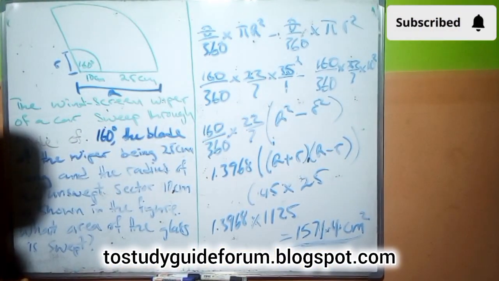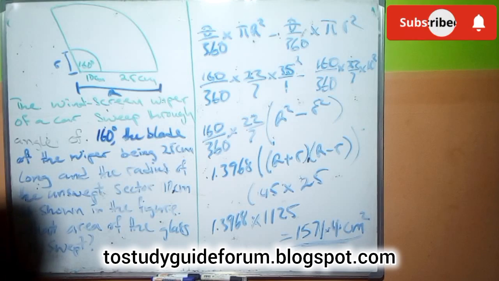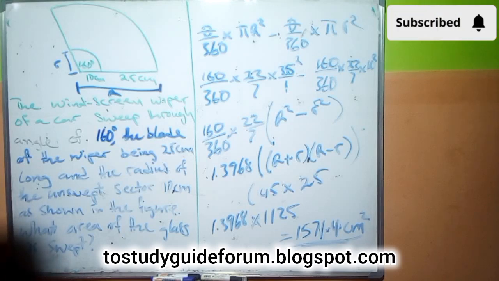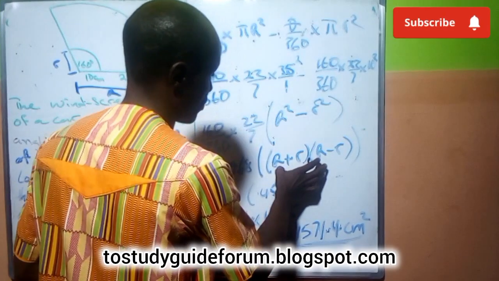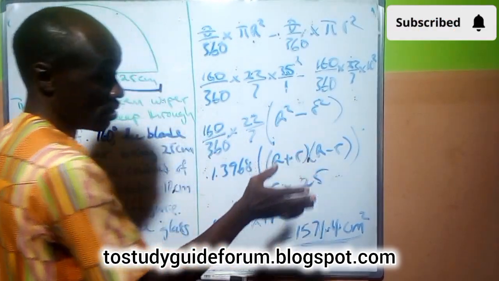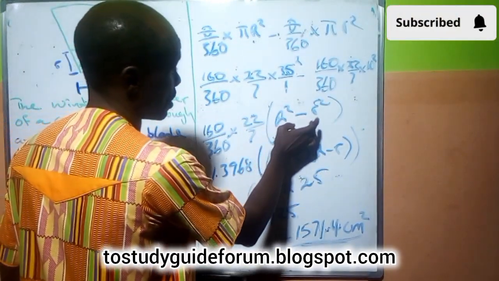So you can see how easy the calculation is. Perhaps if you have any question, you can always leave your question, because some students don't seem to know how to really handle this kind of thing.